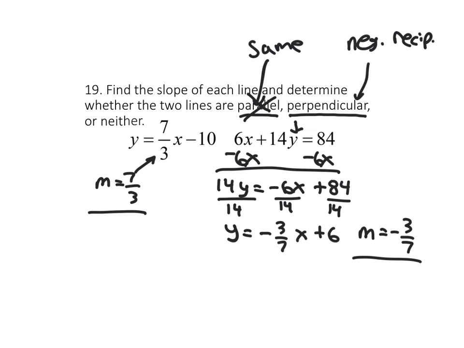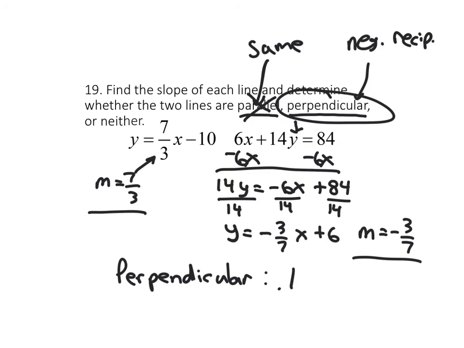And are they reciprocals? Sure. 7 over 3 as a reciprocal is 3 over 7, so that tells me that indeed these two lines are perpendicular. By the way, we can denote that using this symbol, an upside down capital T.